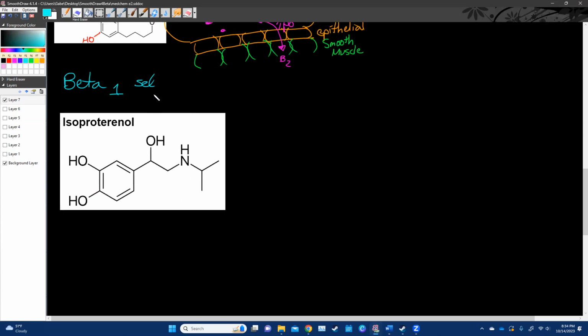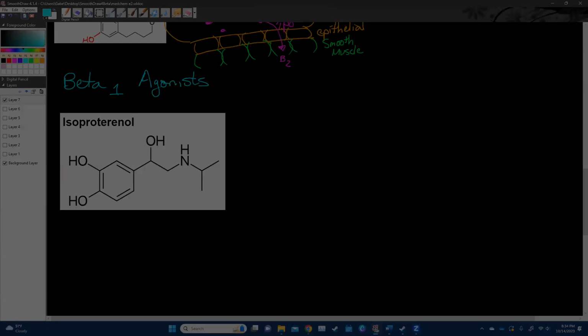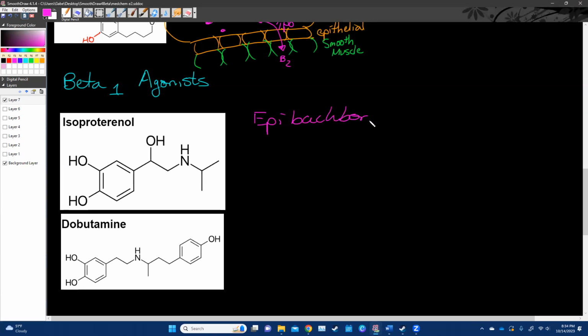So beta 1 agonists. The two drugs that we're going to look at, dobutamine and isoproterenol, once again, have the epi backbone. I labeled it wrong in the guide. My bad. Which is going to enable beta selectivity.